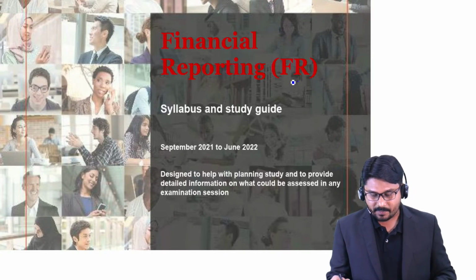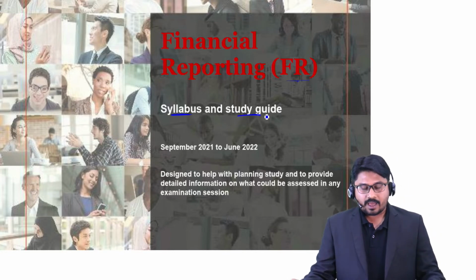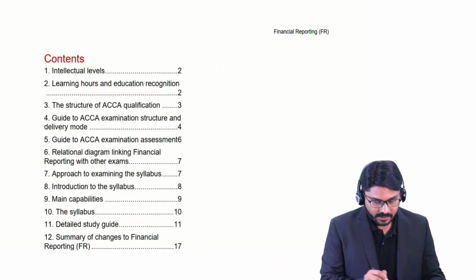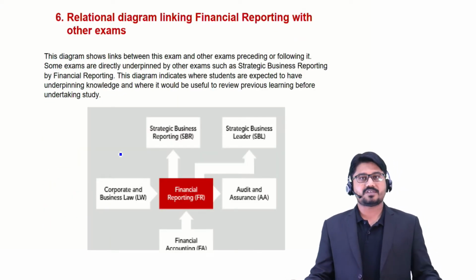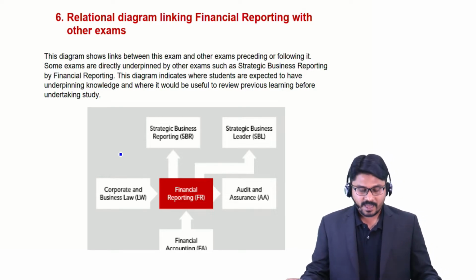So here, for this F7 paper, we have this syllabus and study guide. First of all, let me show you the relational diagram linking financial reporting to the other papers of ACCA.